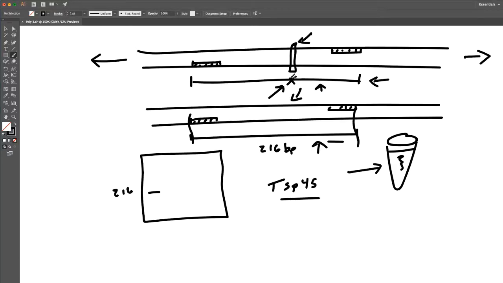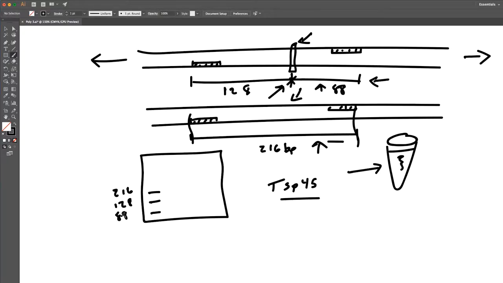And then the mutated allele should get cleaved, and you should get a band at 128 and 88 base pairs. So you get another band here at 128, and then a band down here at 88 base pairs.